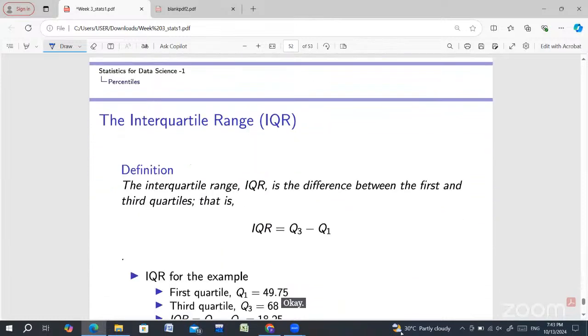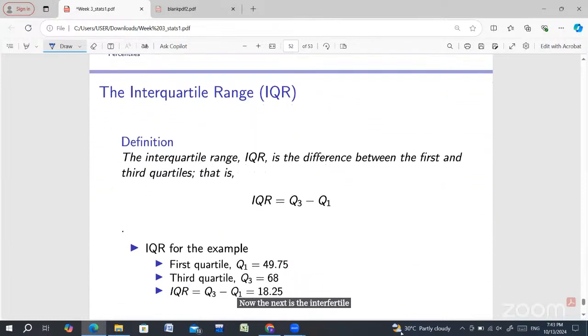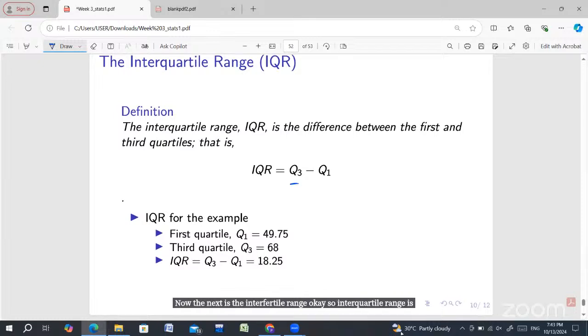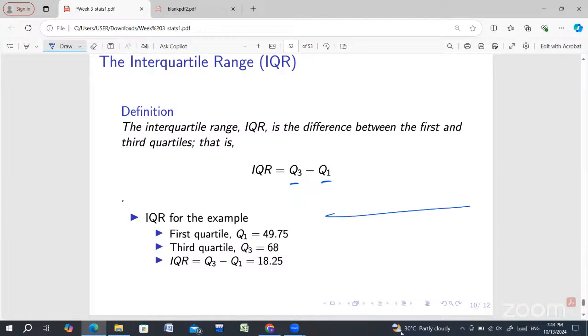Now the next is the interquartile range. Interquartile range is third quartile minus first quartile. So basically it is giving you the middle 50% of the data. Suppose this is your Q1, and this is your Q3.